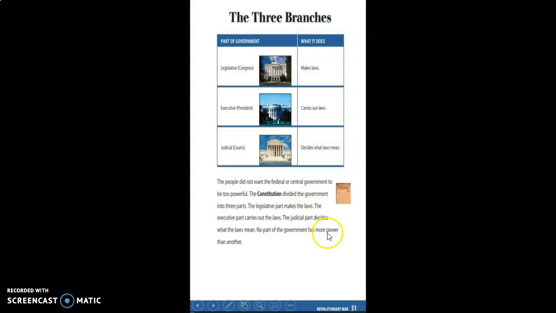No part of the government has more power than the other. So here are the three branches. The legislative is Congress, the executive is the President, and the judicial is the courts.